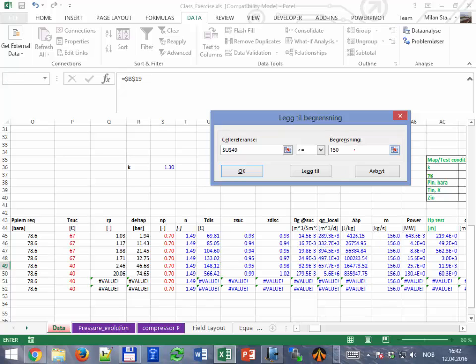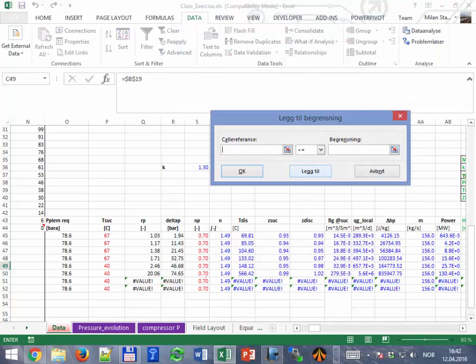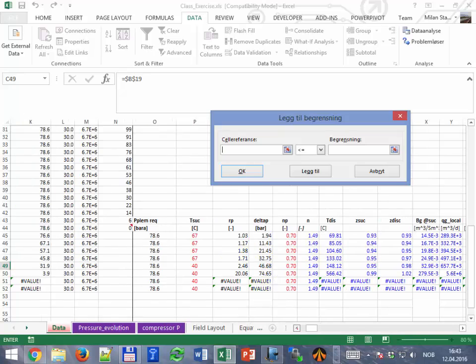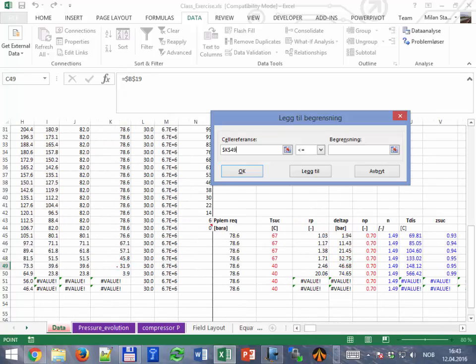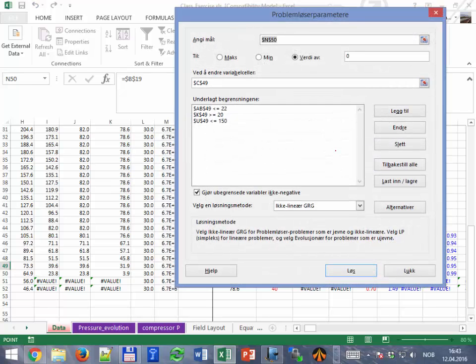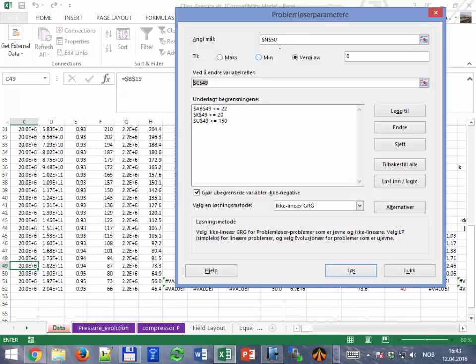Then the pressure at the suction, which is this one here, has to be greater or equal than 20. Anything else? No? Okay, but how do I run it? I still have to make something here. Could I use the same variable?